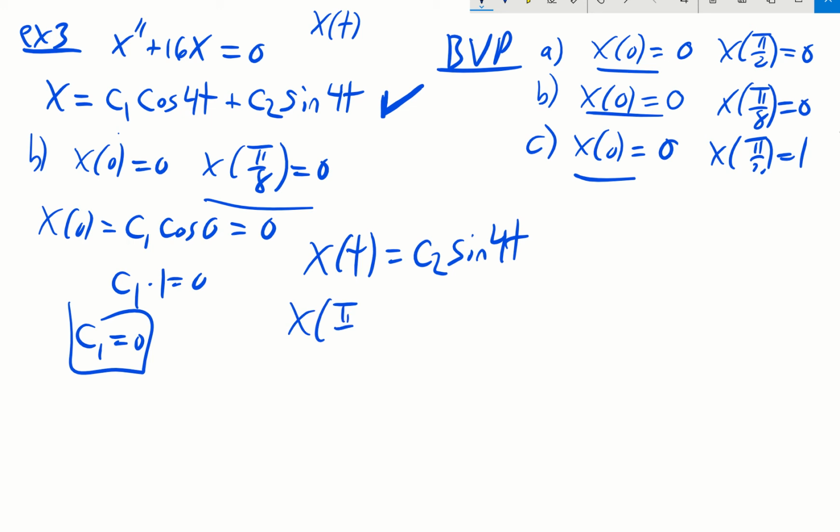Now let's look at the second boundary value. If I plug x of pi over 8 in, this is going to be C2 times the sine of 4 times pi over 8, and this is supposed to be equal to 0.